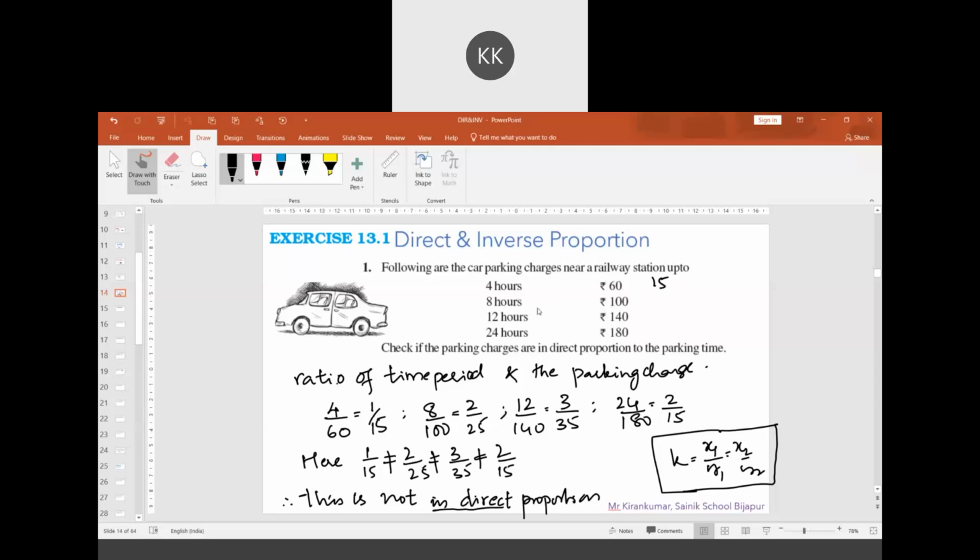If you park for 8 hours and divide this by 8, it will not be 15, it will be less than that. If you park for 12 hours, it will be less than this number.